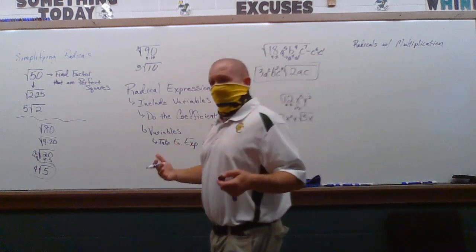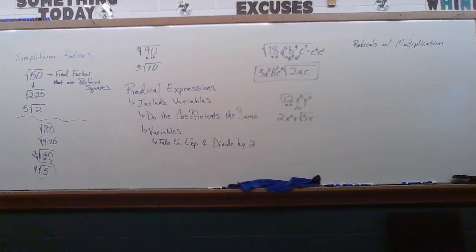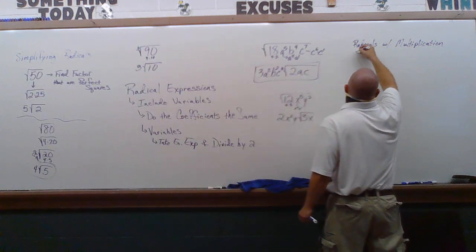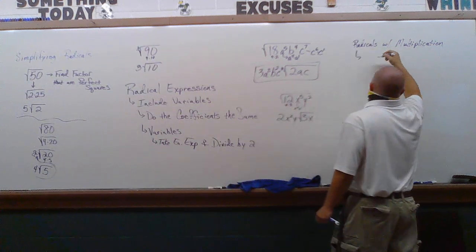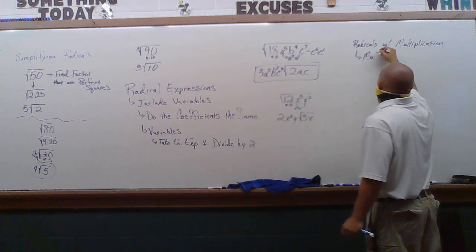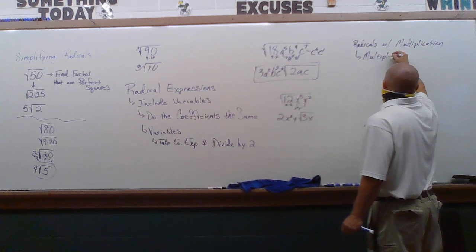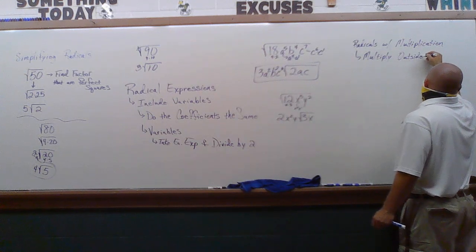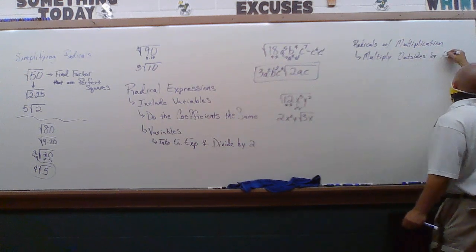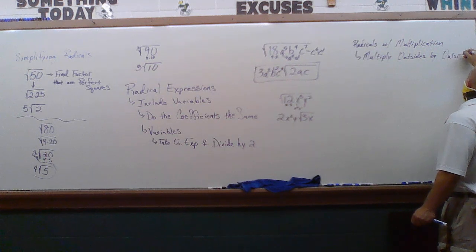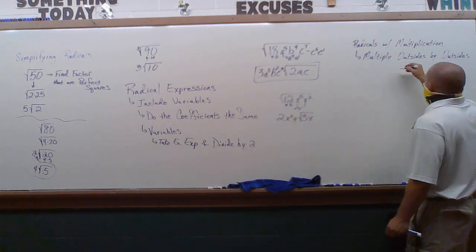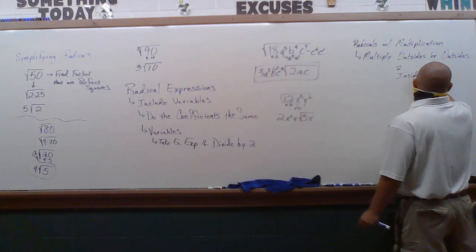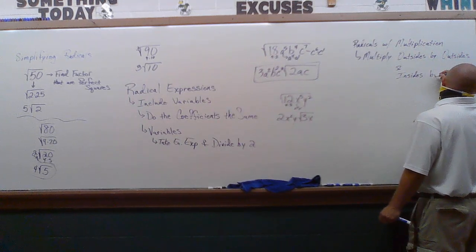So if I would have taught you this when I was doing algebra, I would focus in on this. You're going to multiply the outsides by the outsides and the insides by the insides.